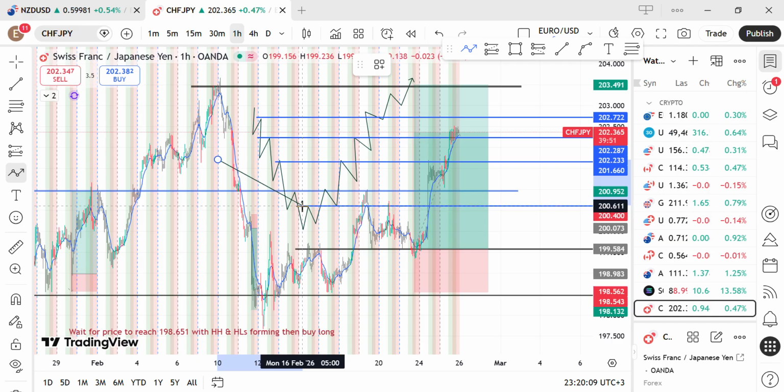Price breaks this previous higher low, then pulls back down to create a lower high, because this lower high is higher than the previous lower high and higher than that lower low. Then higher high, higher low, higher high, higher low, and so forth, you see.